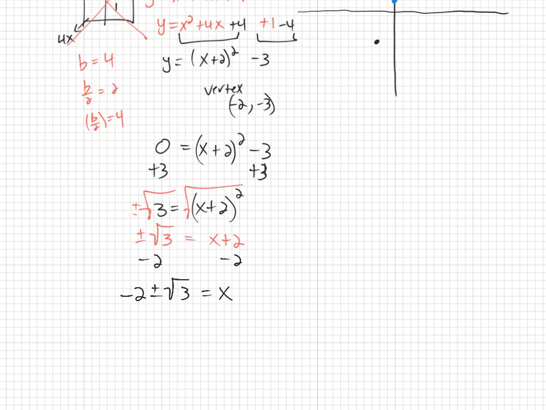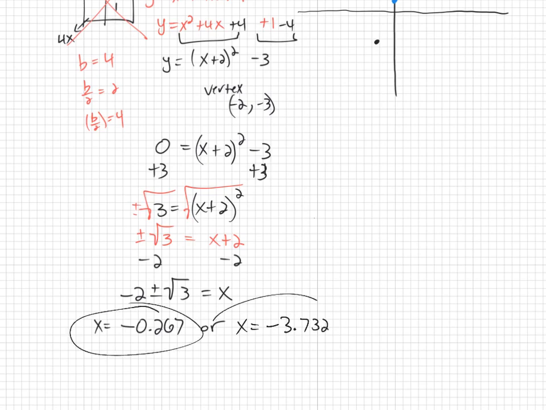And if I use a calculator, -2 plus the square root of 3 ends up being -0.267, and then the other option, so x equals that, or -2 minus the square root of 3. Find my square root button, square root of 3, we get, or x equals -3.732.